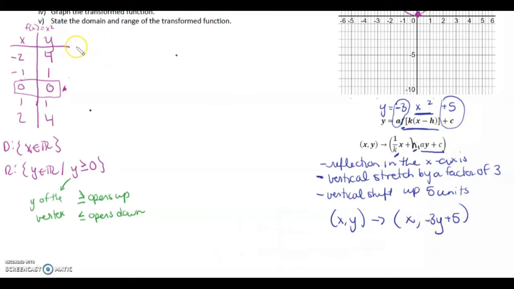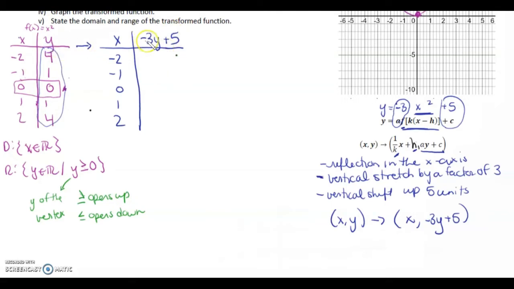So all we have to do is come up here and map all the x's onto x, which doesn't change. There's no transformation on the x values. And then we're going to take all of the y's and map them onto -3y + 5. So every single y coordinate here has to be stretched by 3, reflected, and then moved up 5.